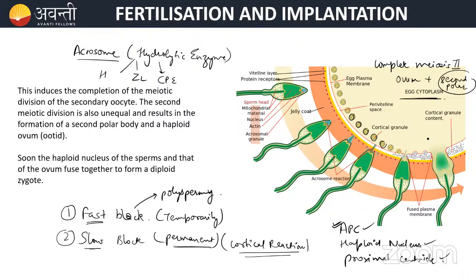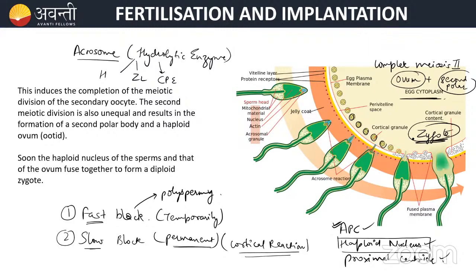Right? Now you must be thinking, ma'am, then what is the role of the proximal centriole? Try to recall, students, that in the cell division chapter, you have studied that all the cells except the ovum have the centriole. Remember this very, very important point: ovum cells do not have the centriole.